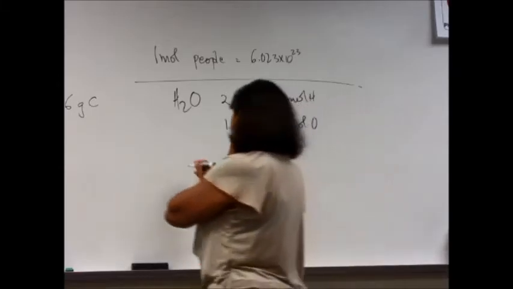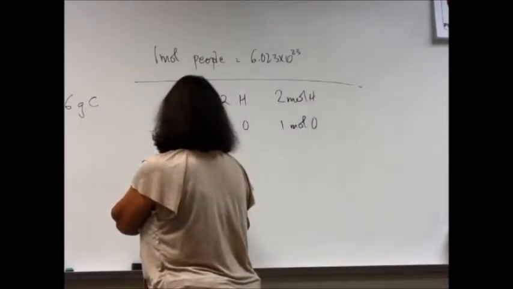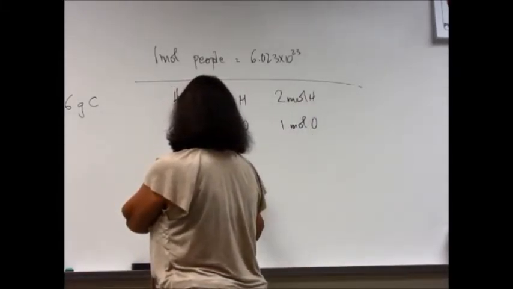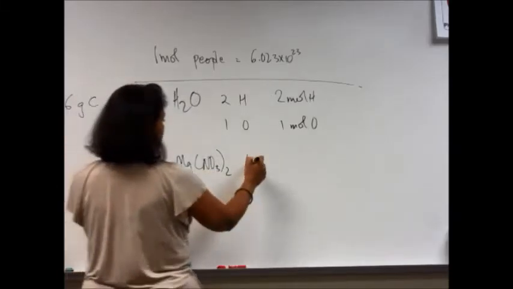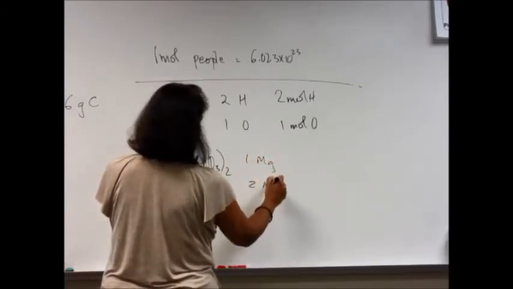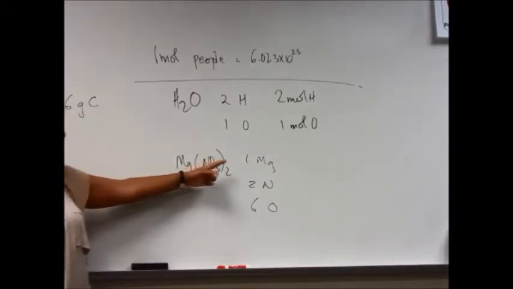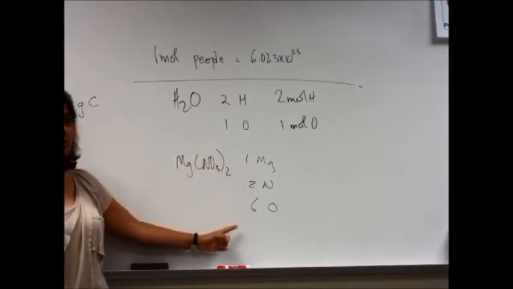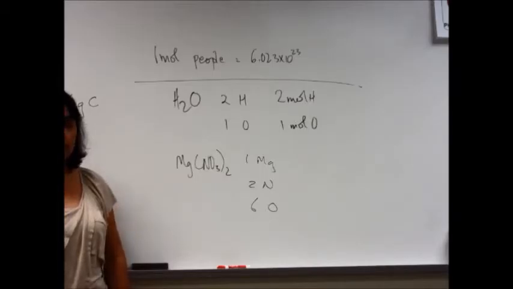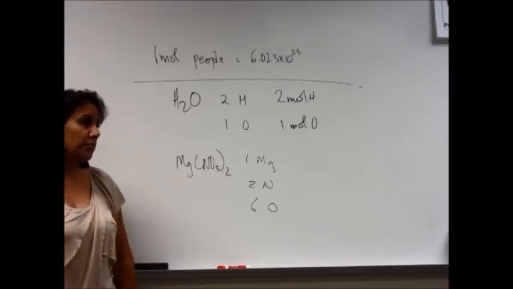So if you have magnesium nitrate, where you have 1 magnesium, 2 nitrogens, and 6 oxygens, now you have 1 mole of magnesium, 2 moles of nitrogen, and 6 moles of oxygen. That's your mole concept right there.